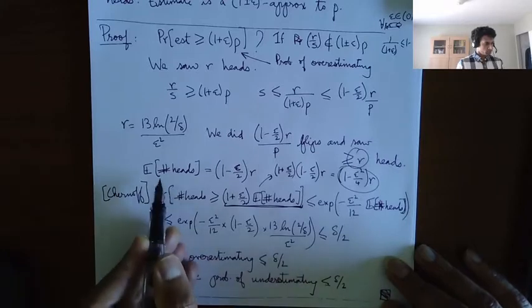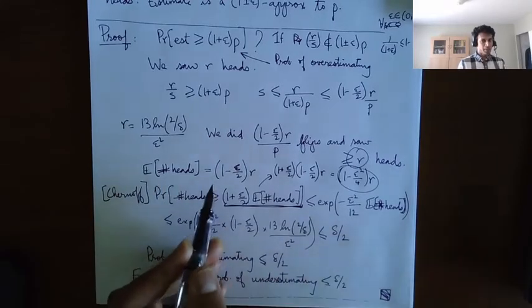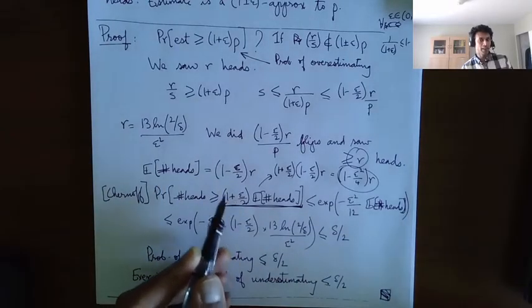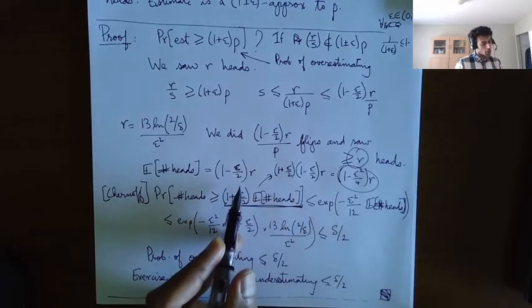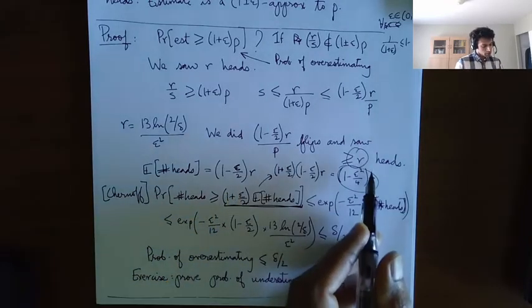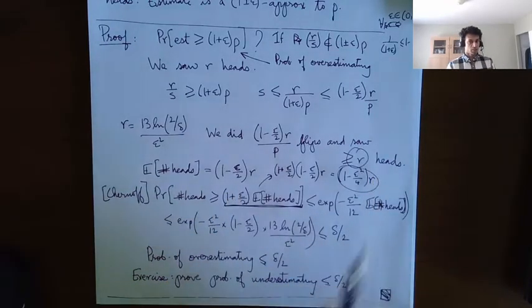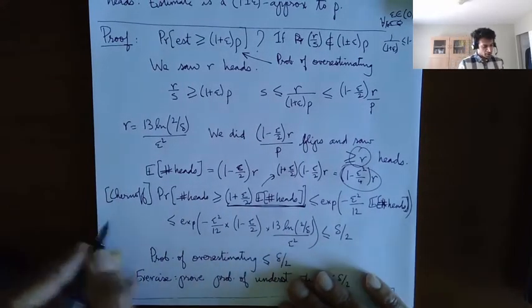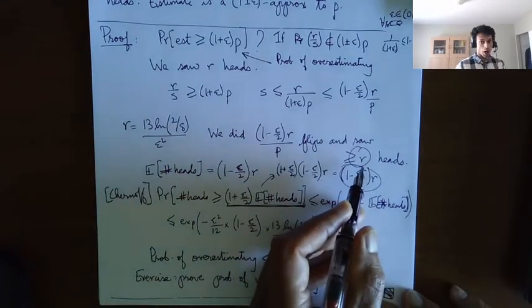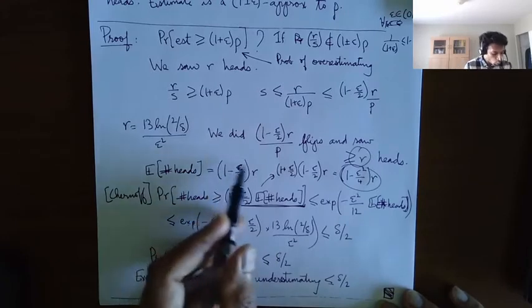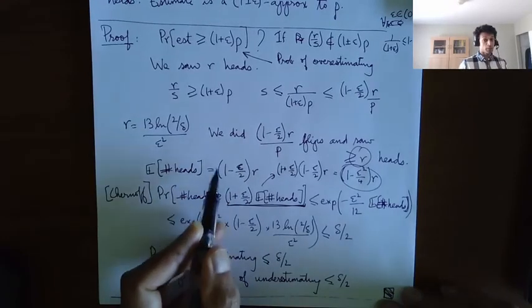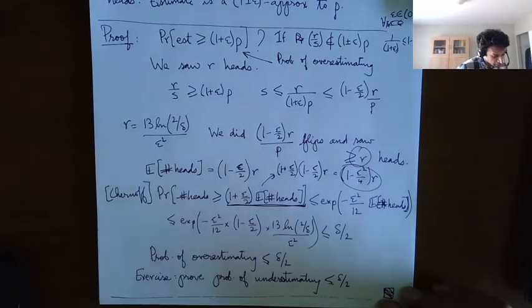My point is, if the expected number of heads is (1 minus epsilon) over 2 times R, and you saw R heads, then R heads is more than (1 plus epsilon) over 2 times this expression.